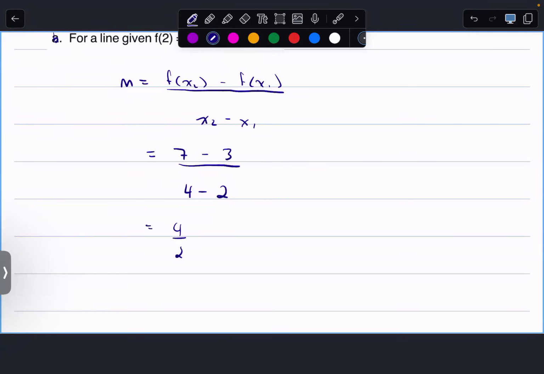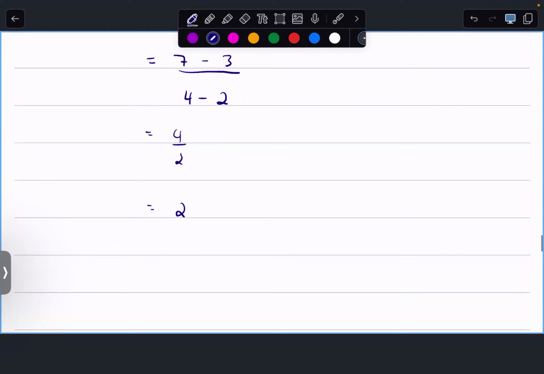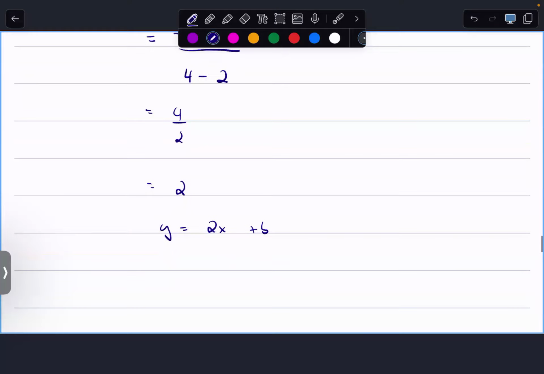Four divided by 2. Wow, we're really digging the slope of 2 today, huh? Like every example gives us a slope of 2. So then y is equal to 2x plus b.